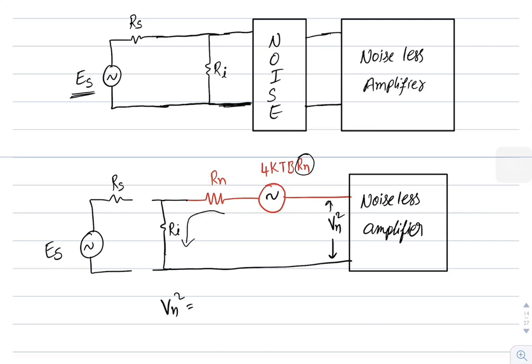Therefore Vn square equal to 4kTB(Rn plus Ri), where this Ri is the input resistance of the noiseless amplifier, whereas this Rn is the noise resistance which is available in the amplifier. This Rn is imaginary, which is not physically available in the amplifier, but due to the effect of noise, it comes into the picture in the circuit diagram only.